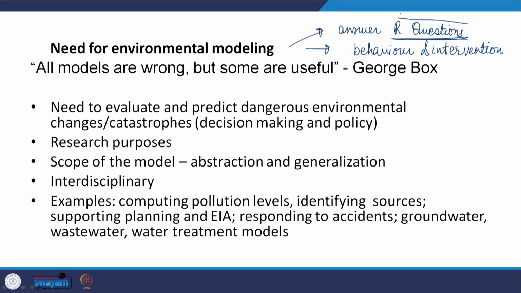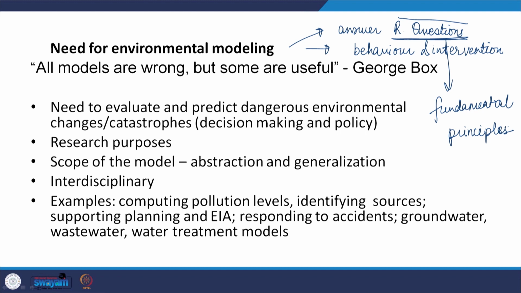So we can do modeling to understand the basic principles by which certain aspects of the environment are working. So answering the research questions using modeling can help us understand the fundamental principles behind environmental processes.